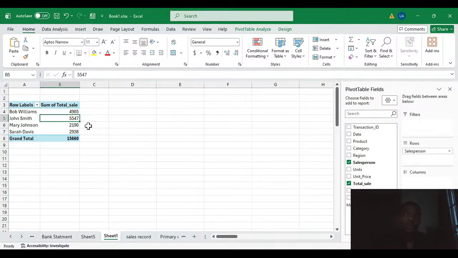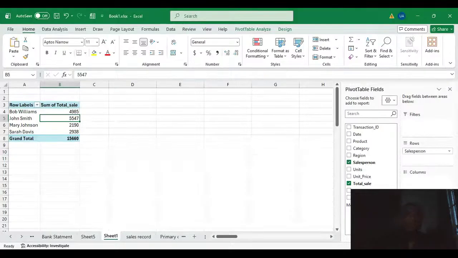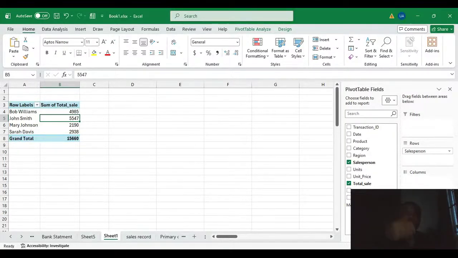So over here we have John Smith, who sold 5,547. So when you use this, it will tell us who has the highest sales, and then we can use that to make our decisions or help our people make decisions.